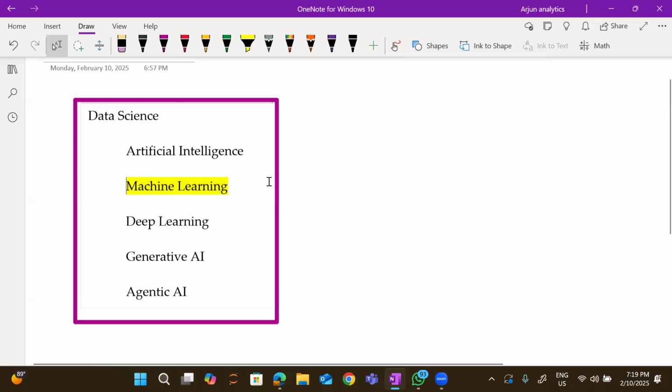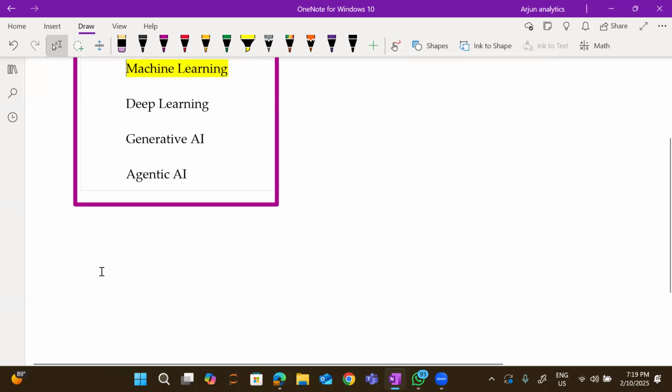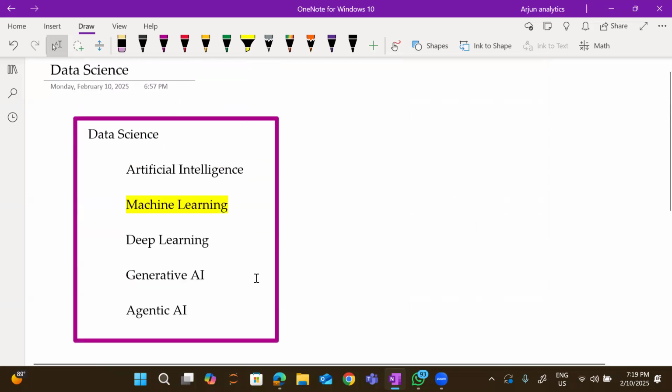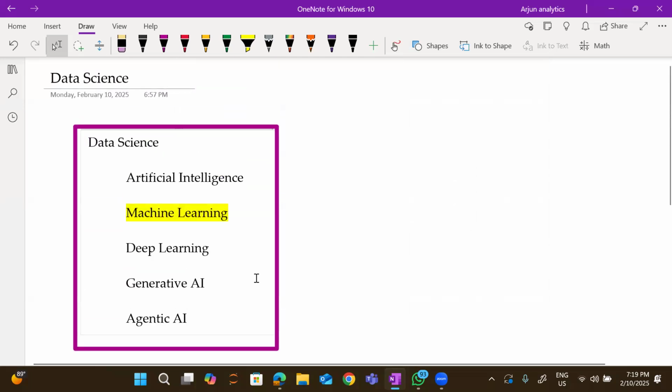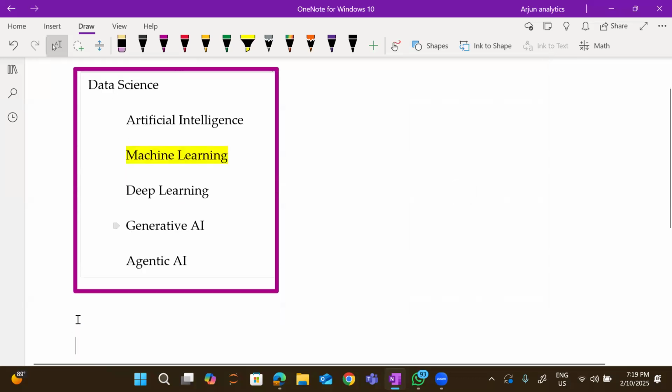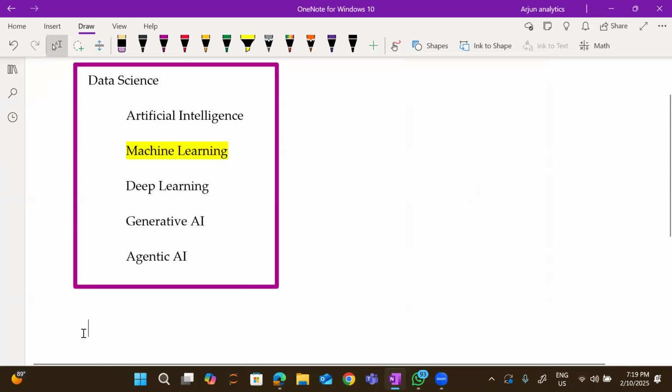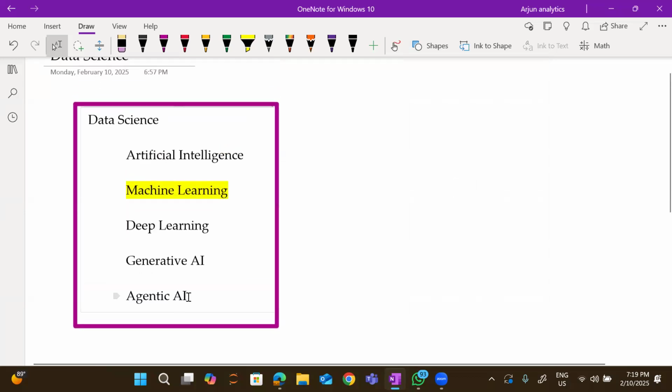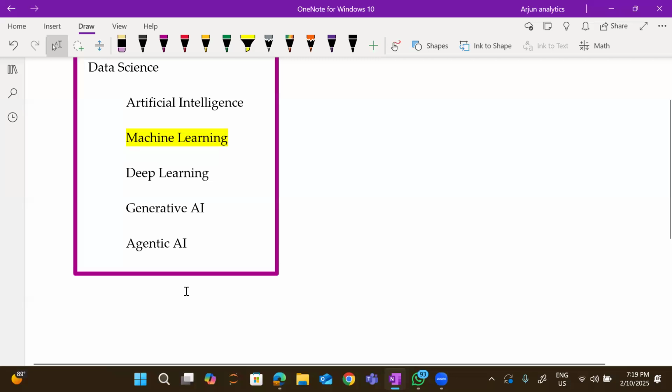Now, let's see this. Here we are going to see what prerequisites are required for artificial intelligence with Gen AI. Okay, these are the prerequisites.